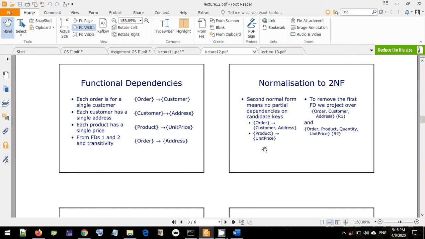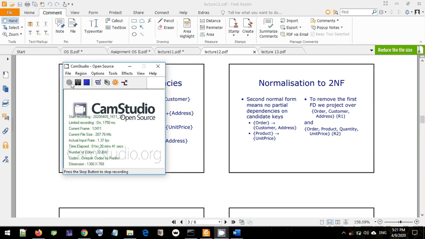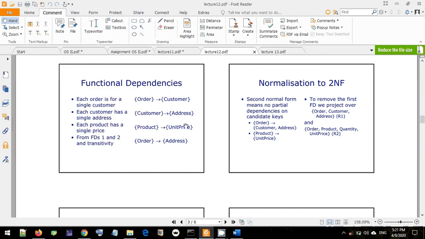First, we establish the functional dependencies. Each order is for a single customer. That implies that order is functionally dependent on customer. Each customer has a single address. That means that customer is functionally dependent on address.